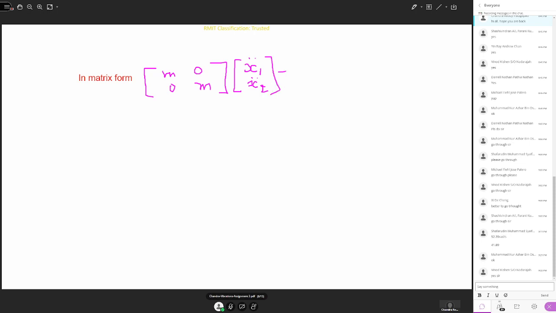Then the stiffness matrix will be K, minus K, minus K, and K. Then the displacement will be X1, X2. This is free vibration, therefore no force acting, so 0, 0. This is how you can write it in matrix format.